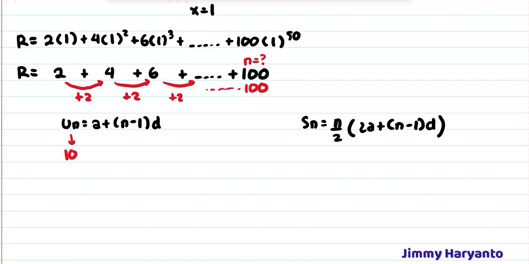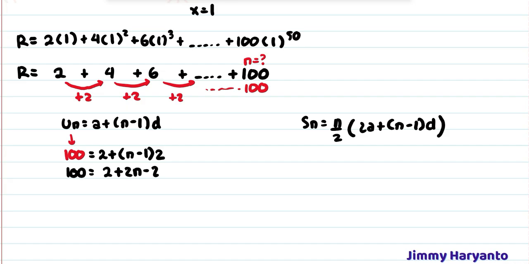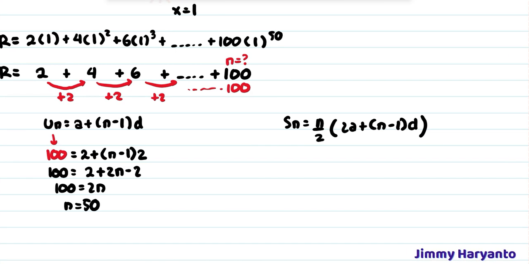Just input the Un right here. 100 equals a, which is 2, plus the n we don't know yet, and d is 2. That means 100 equals 2 plus 2n minus 2, and then 100 equals 2n, so n equals 50.